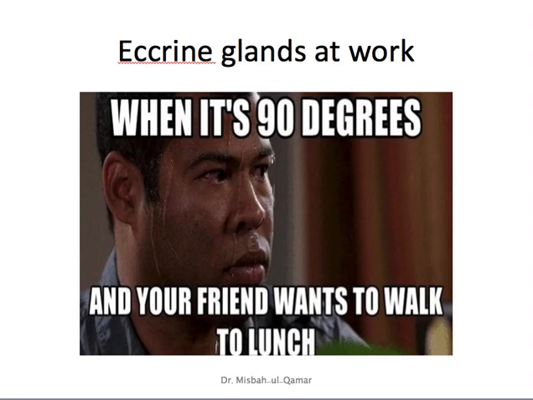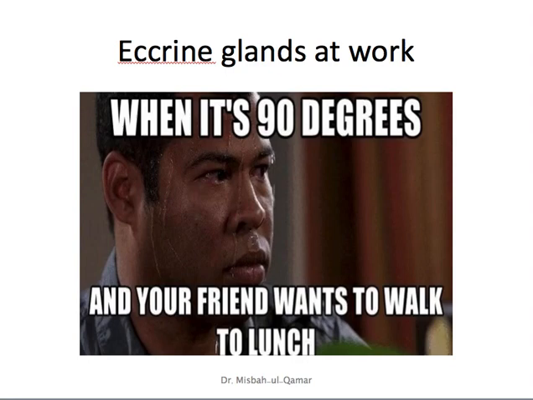Now I'm going to tell you a very important thing, that these eccrine glands respond only to the elevated temperature or the exercise. There are certain other features also of these eccrine glands: their secretion has no odor, and these glands function throughout life, starting from the birth.